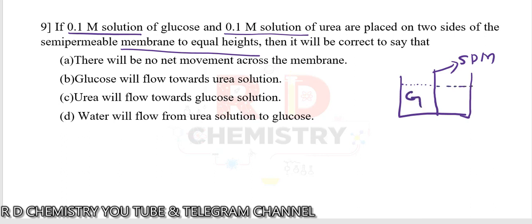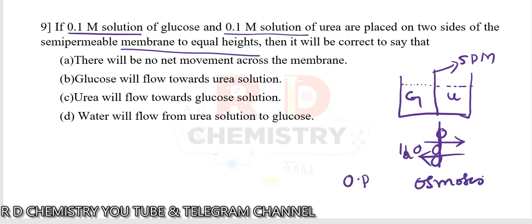One is glucose, the other one is urea. Then what will happen? Remember, through the semi-permeable membrane, water molecules can go inside and come outside. Now this concept is associated with osmosis and the osmotic pressure pi.